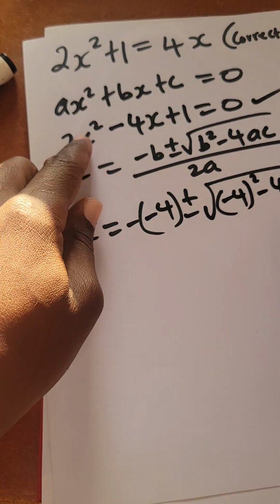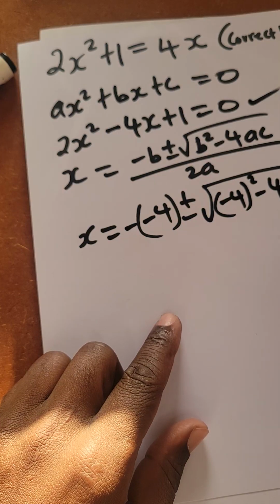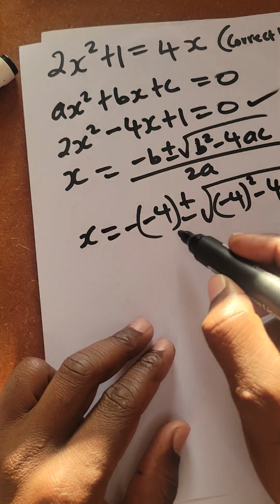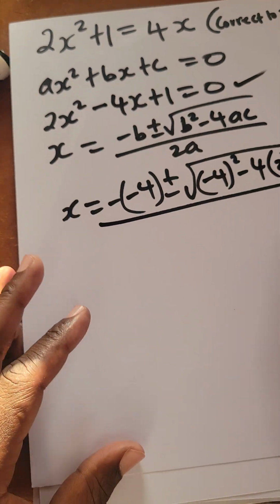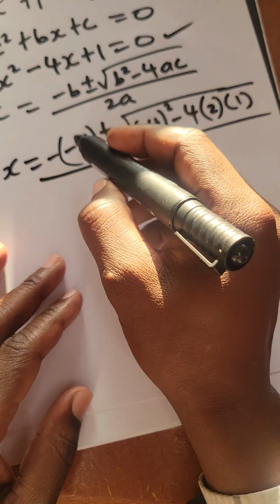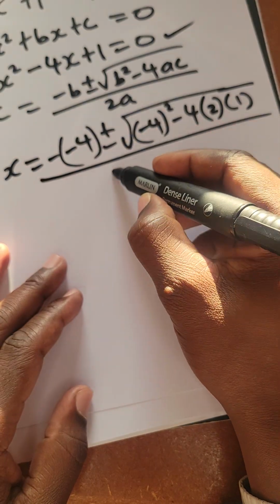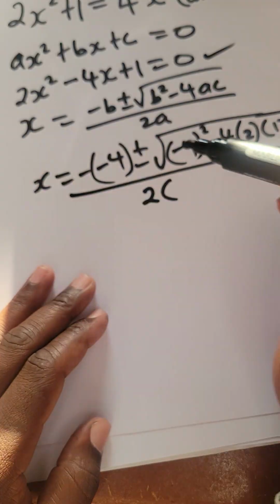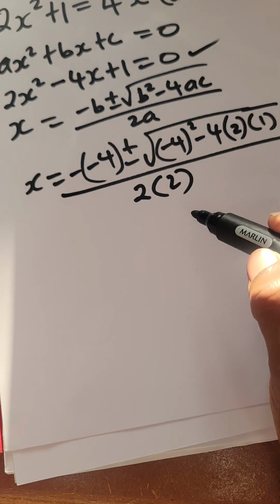Our a is a positive 2. Our c is a positive 1. You put them there. Everything is divided by 2a. Our a is this 2. So everything is divided by that one.